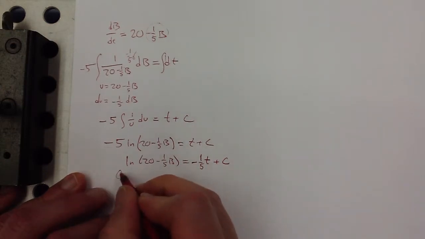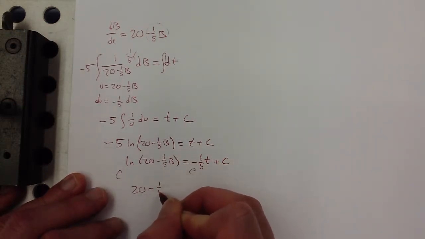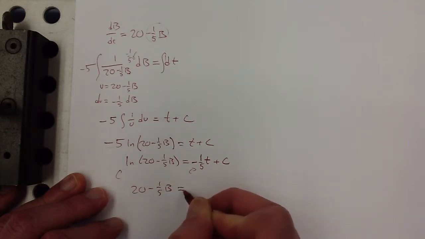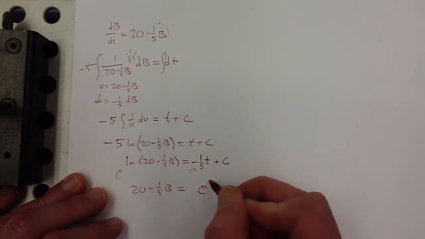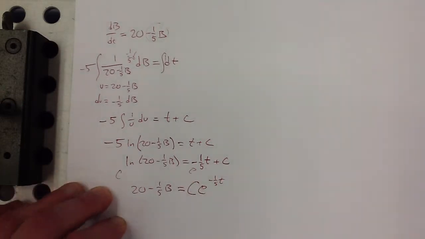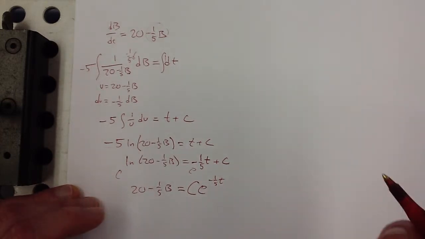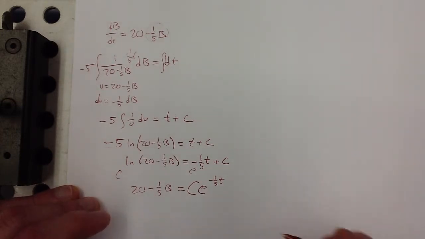Then I'm going to do e to the, that gives me 20 minus 1/5 B is equal to e to the negative 1/5 t, and when we have the plus c up here, it can come out here as a constant. And maybe now would be a good time to solve for c.